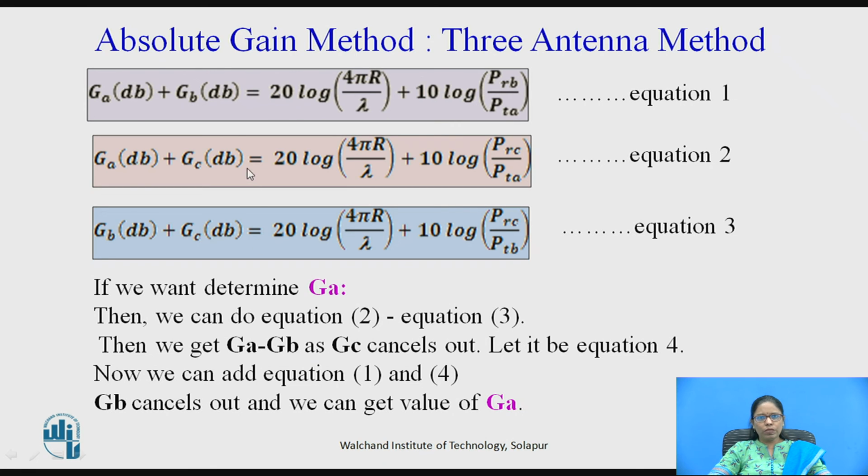When I add it to equation 1, GB plus here and GB minus here get cancelled. I get twice GA equal to the right hand side, and I can divide the RHS by 2 so as to get GA. So just by solving these three simultaneous equations, I can find out the gain of any antenna A, B or C.